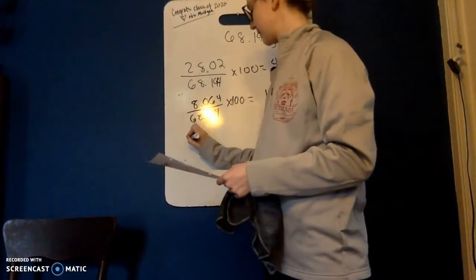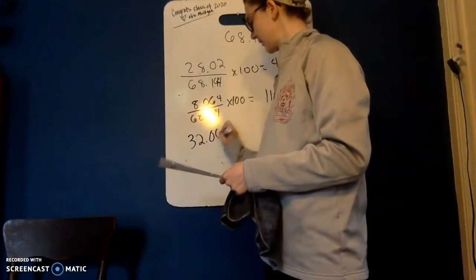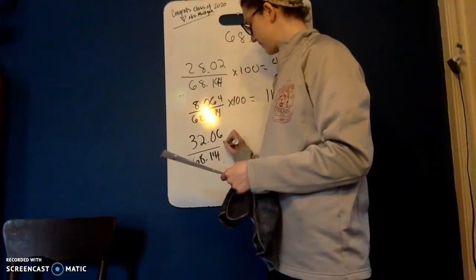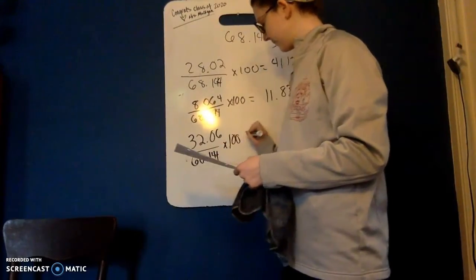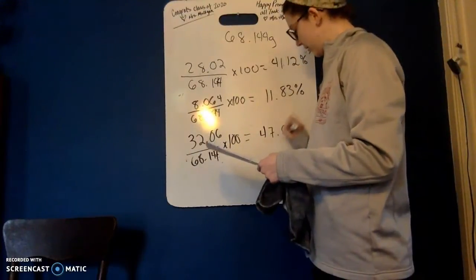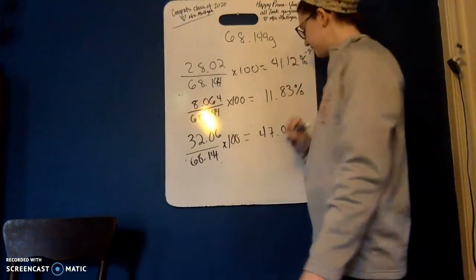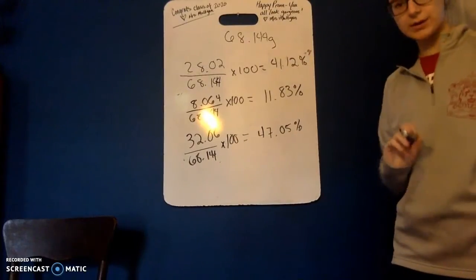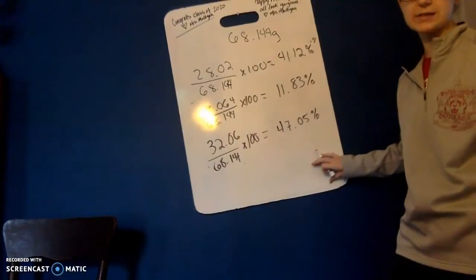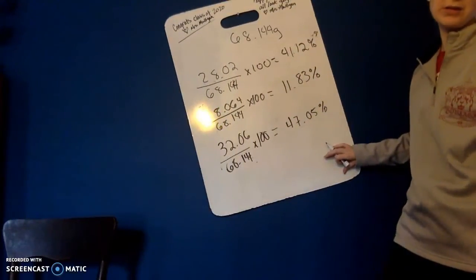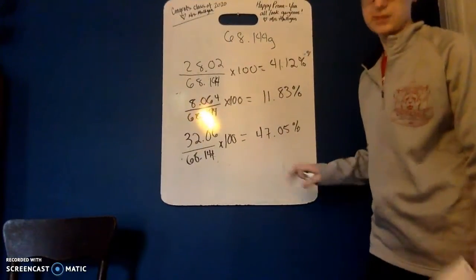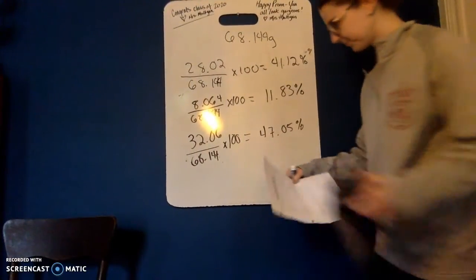And a molar mass of 1 sulfur is 32.06 divided by our total mass, multiply by 100, and I get 47.05%. And again, if you add all 3 of these percents together, you should get 100% as a total. And I'll move that so you can read it. Check your work really fast, pause it if you need to. I know that glare is not the best.